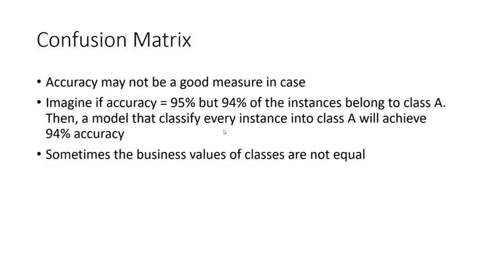Okay. So this is really bad in machine learning. When you have this class imbalance problem, a data set consisting of 94% in a particular class, accuracy alone is not enough. Sometimes one class is more important than the other.